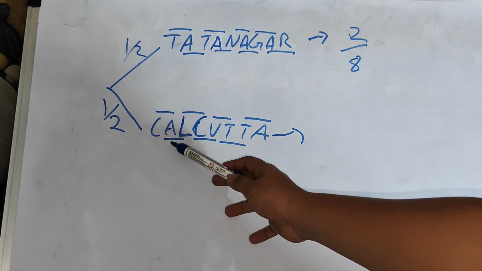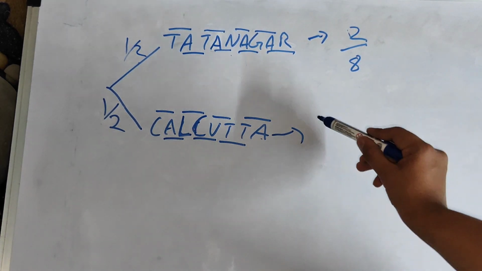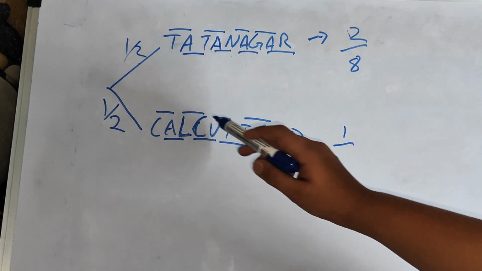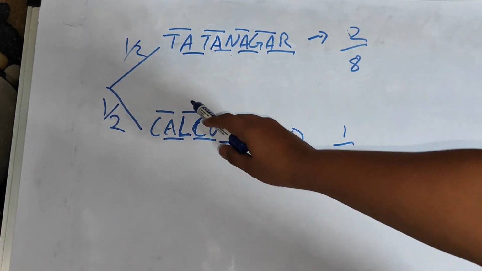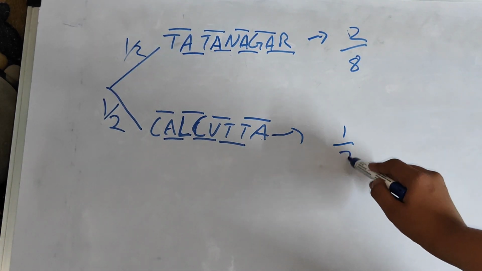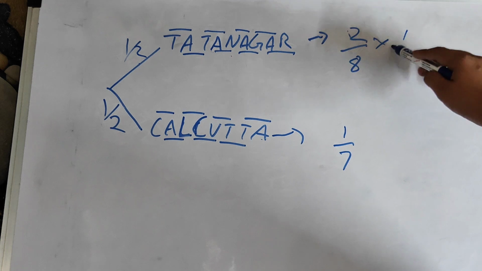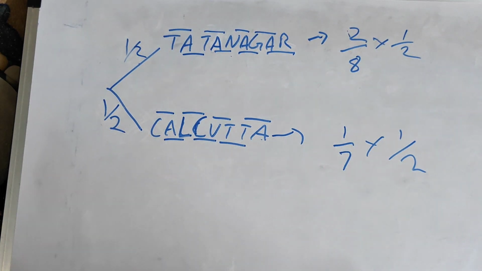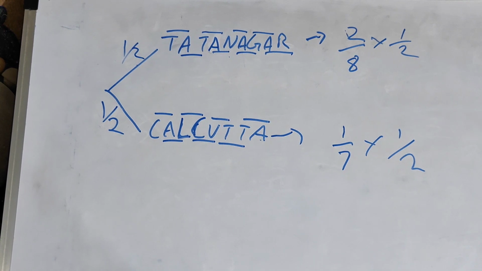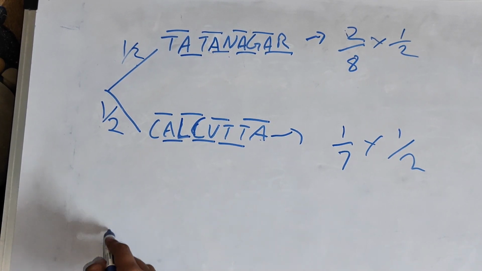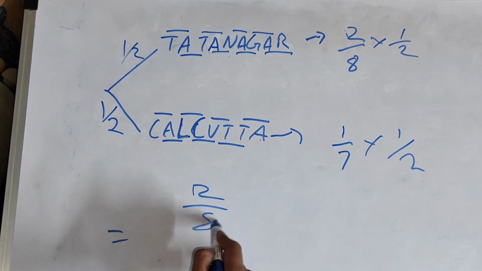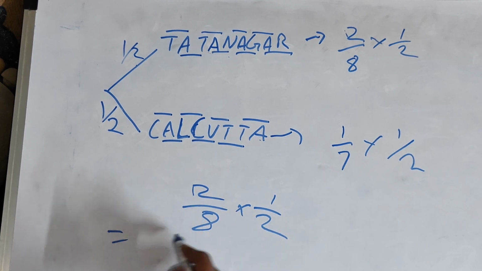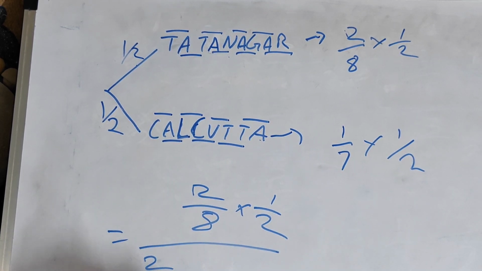And in this, only 1 TA is present, and the total number of possible pairs are 1, 2, 3, 4, 5, 6, 7, multiplied by the chances of choosing them. They asked for the probability that the letter has come from Tatanagar. So that will be equal to 2 by 8 into 1 by 2 divided by 2 by 8 into 1 by 2 plus 1 by 7 into 1 by 2.